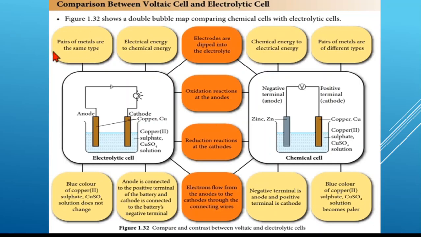The differences. The first difference: pairs of metal are the same type. This means the electrodes, the anode and cathode, are both the same. If here it is copper, here it is also copper. If here it is carbon, here it is also carbon. Understand? Here, the electrodes are different types. If here it is zinc, here it is copper. They are different, cannot be the same. Electrical energy to chemical energy. The conversion of energy is from electrical to chemical in the electrolytic cell.